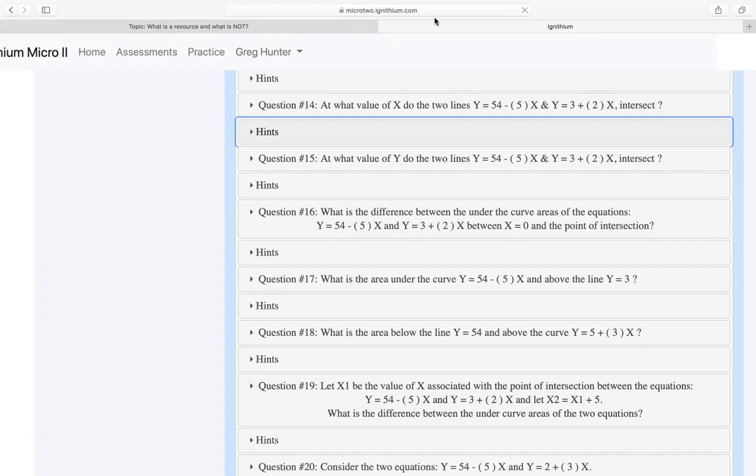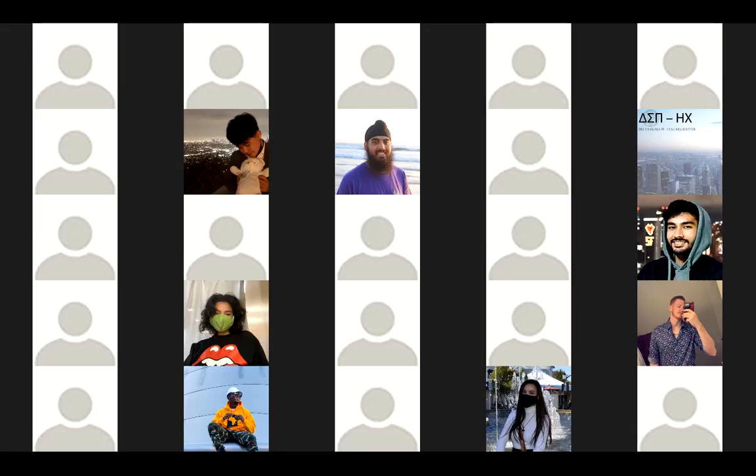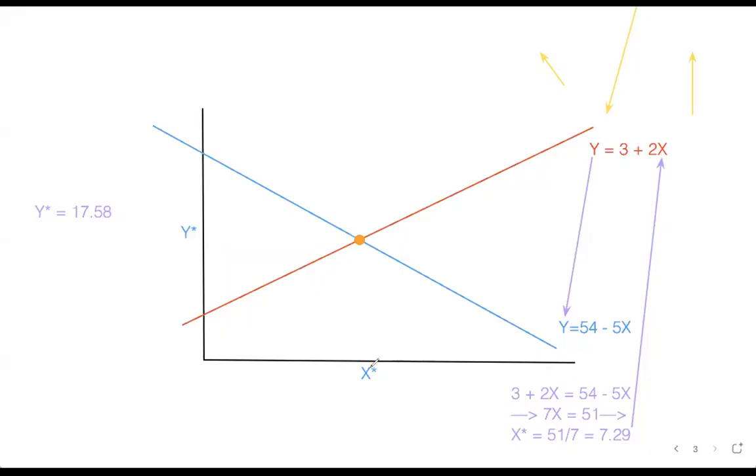So if I stop share here and share back to the whiteboard, we already know what X1 is. That would be the X star, right?